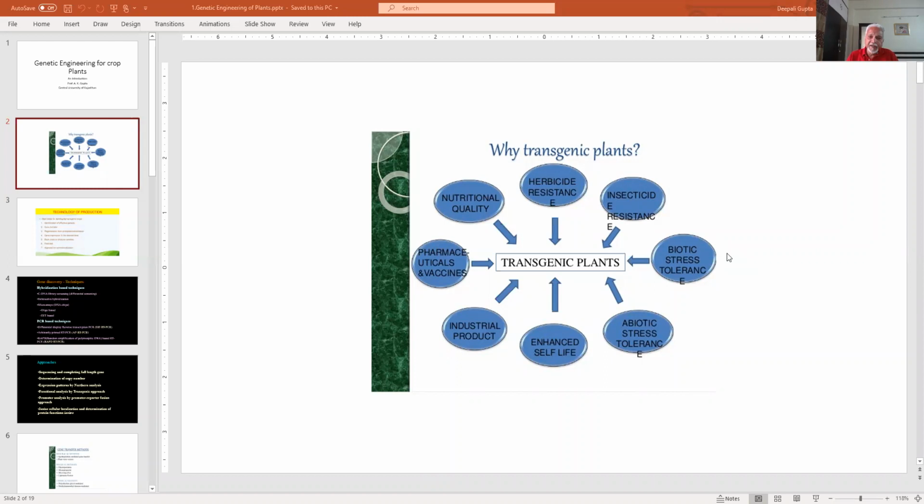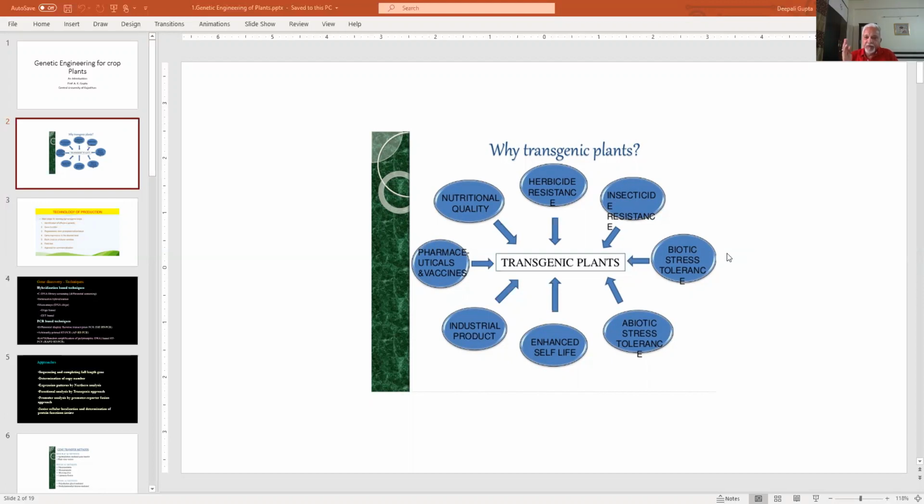So as I mentioned, this can be for qualitative and quantitative. So quantitative production of a crop plant depends on biotic factors and abiotic factors. Biotic factors include the factors which influence plant productivity, like infections from bacteria, fungus, viruses.